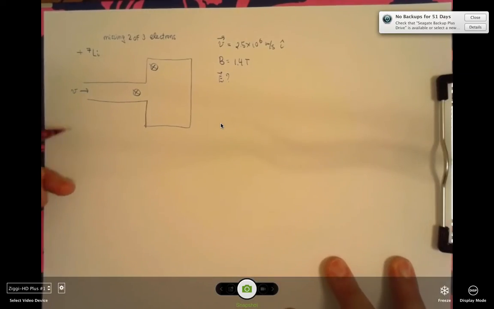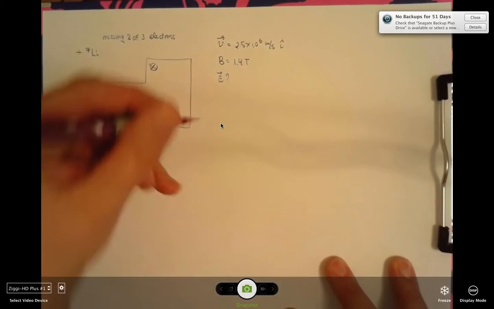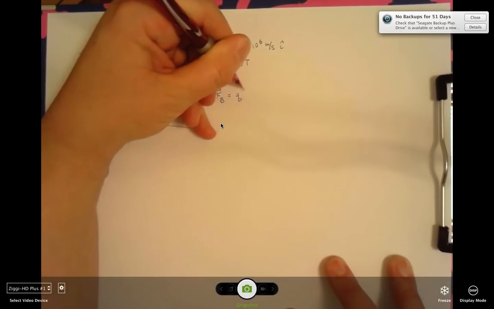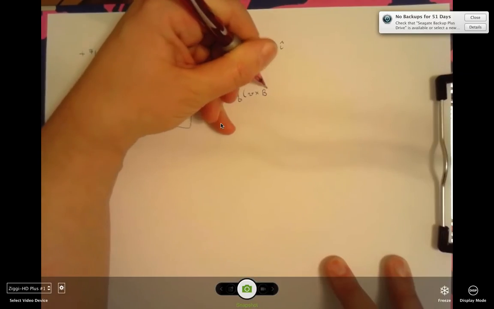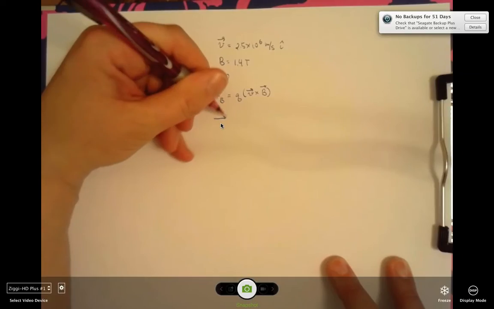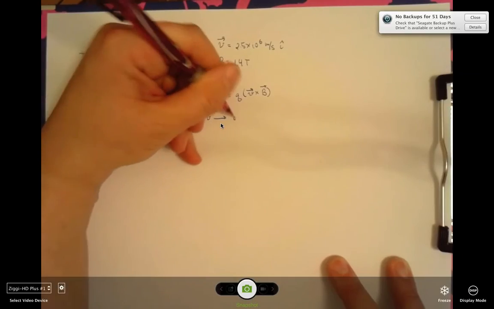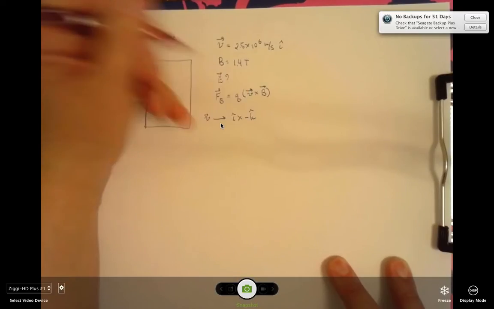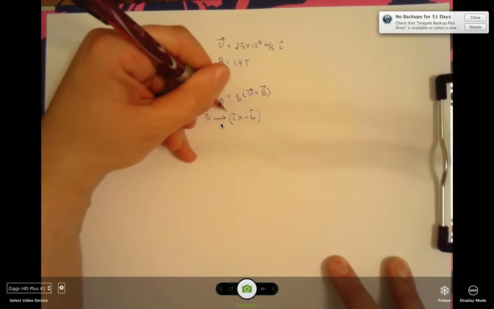The magnetic field is pointing into the page. The magnetic force, F_B, is q v cross B. V is heading off in the I direction, and we cross that into B, which is going into the page, the minus K direction, and we have a positive isotope.